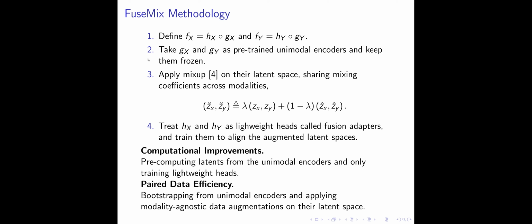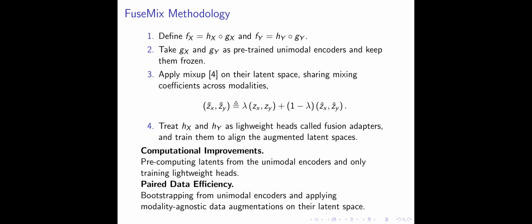Since we aim to perform multimodal fusion with little resources, it is intuitive to also leverage data augmentations to generate synthetic multimodal pairs. We introduce a simple yet effective multimodal augmentation scheme on latent space inspired by Mixup that is agnostic to modalities and the choice of unimodal encoders.